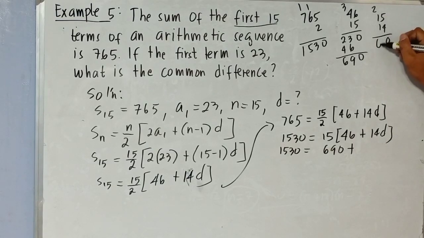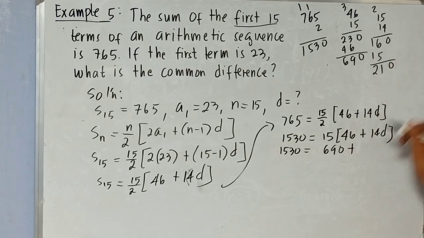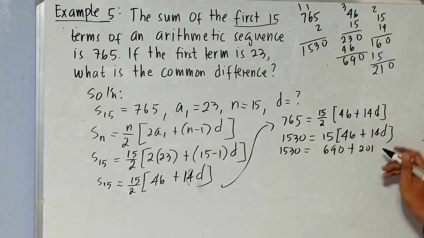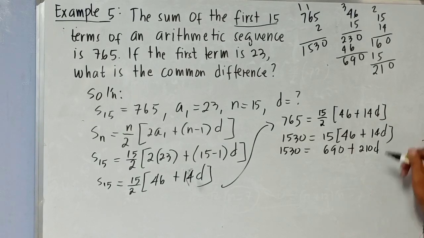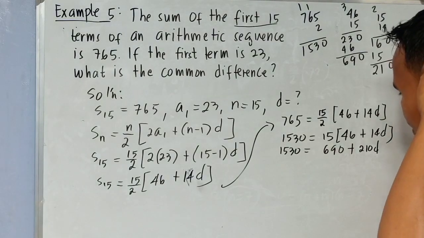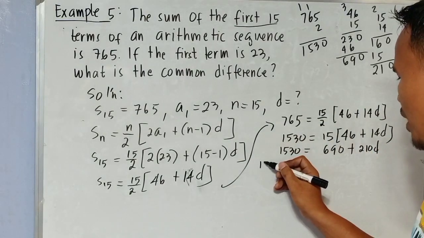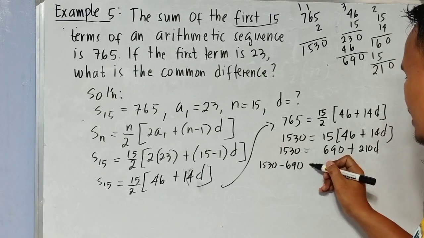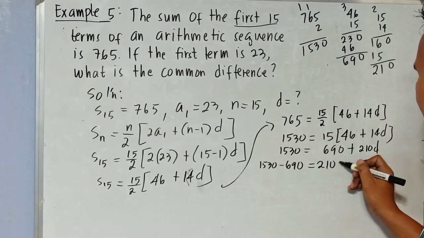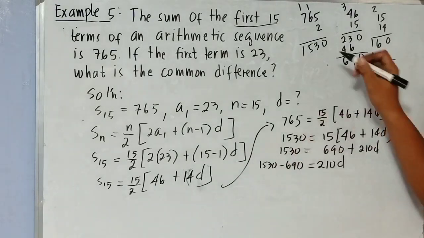That's 210. That's 210d. Then, transpose 690. So we have 1,530 minus 690 equals 210d. Subtract these two numbers.